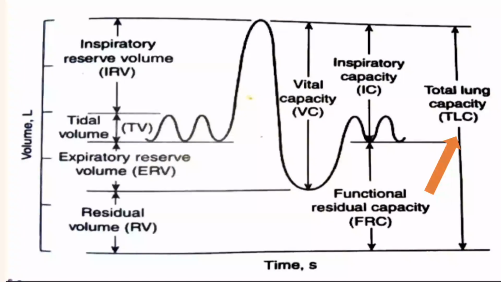Look at the yellow arrow pointing towards the total lung capacity. It is the volume of air present in the lungs after a deep inspiration. A deep inspiration means that it is at the top of this diagram, the total lung capacity at the top of the diagram.